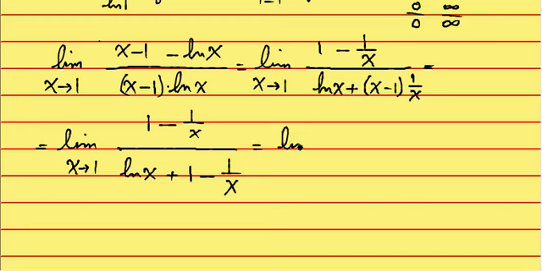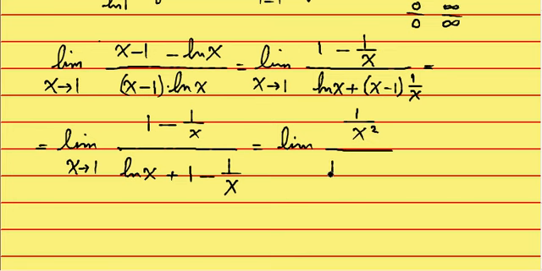Now I apply L'Hopital's rule again. Why can I apply it? Because when x becomes 1, this is all 0, 0, 0. Again, I have 0 over 0. I haven't resolved this thing yet. I'm going to apply one more round. Derivative of 1 is 0, derivative of minus 1 over x, what is that? That's 1 over x squared.